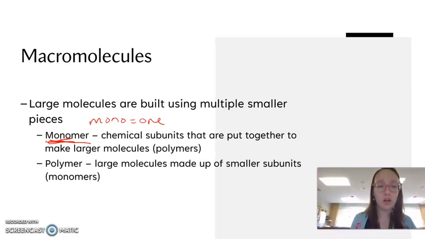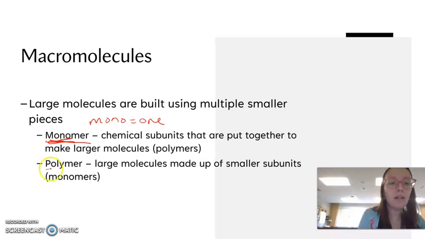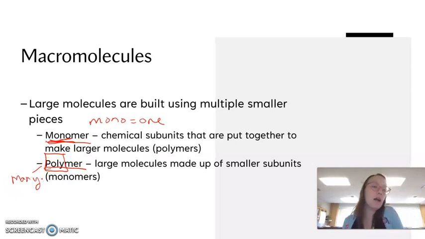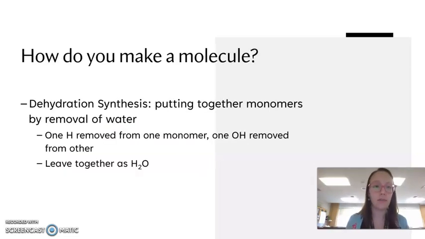That larger piece is called a polymer. Poly meaning many. Think other terms like polynomials or polygon, right? If you go into math, poly meaning many. And a polymer is basically just a large molecule made of lots of smaller pieces, those monomers that we've put together.